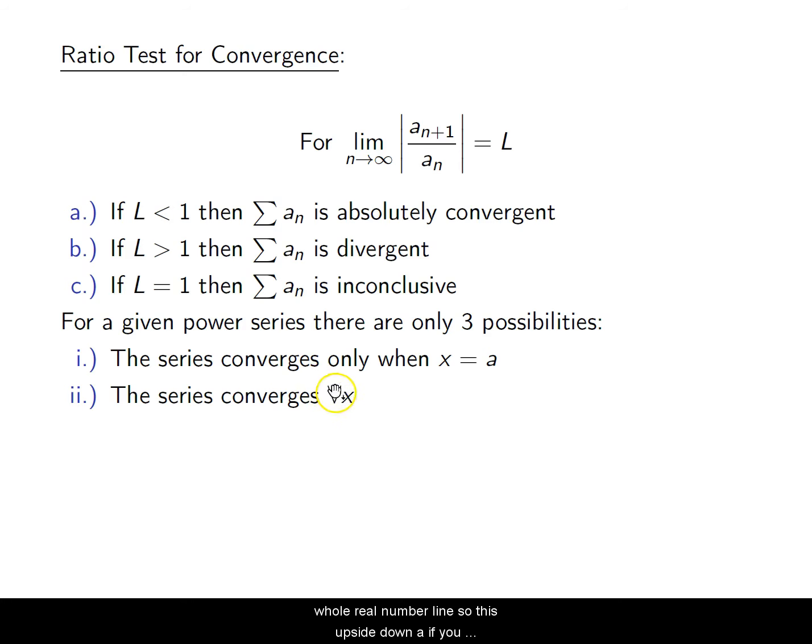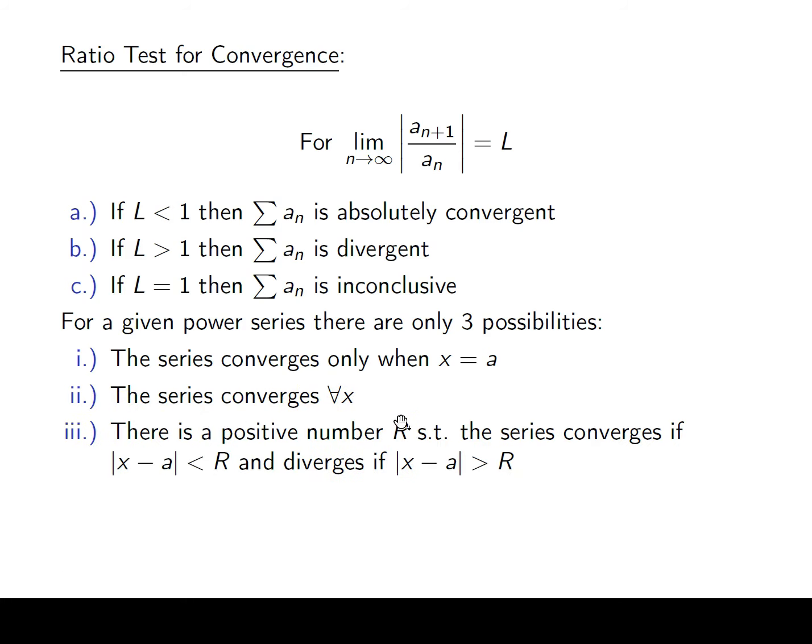So this upside down A, if you have never seen that, means for all, for every x that you can consider. Okay. And part 3 is that there's some positive number r, which we call the radius of convergence, that the series converges for. Basically, if you are centered about a, the absolute value of x minus a is less than r.